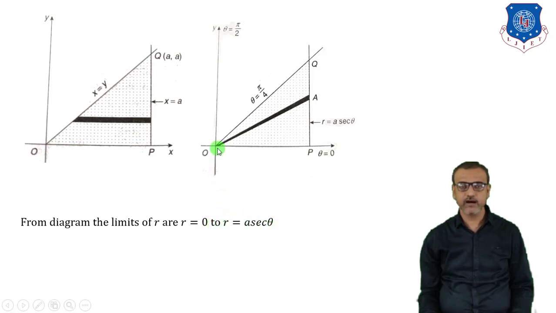Here we have r equals 0, and from this strip we can say that r will vary from 0 to a sec theta. And the limits of theta are theta equals 0 to theta equals pi by 4. Here you will find theta equals 0, and here you will find theta equals pi by 4. So these are the limits of theta and r.